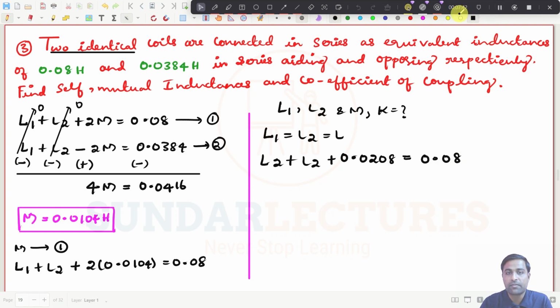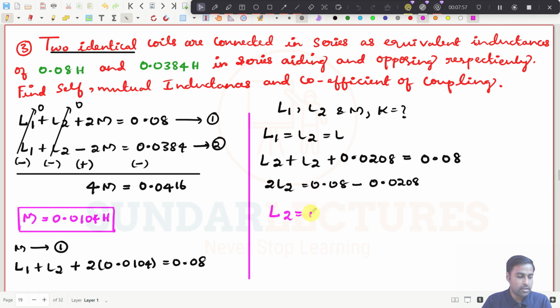So further, it is 2L2, which is equal to 0.08 minus 0.0208. If I simplify this further, I will get L2 to be 0.0296 Henry, and because this is an identical coil, the value of L1 will be the same.